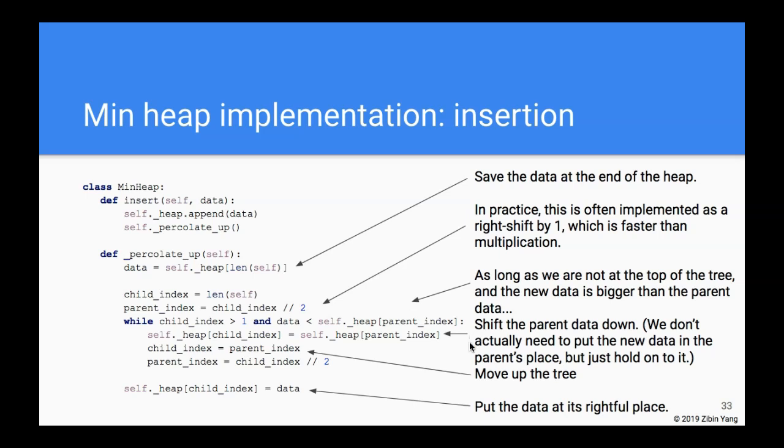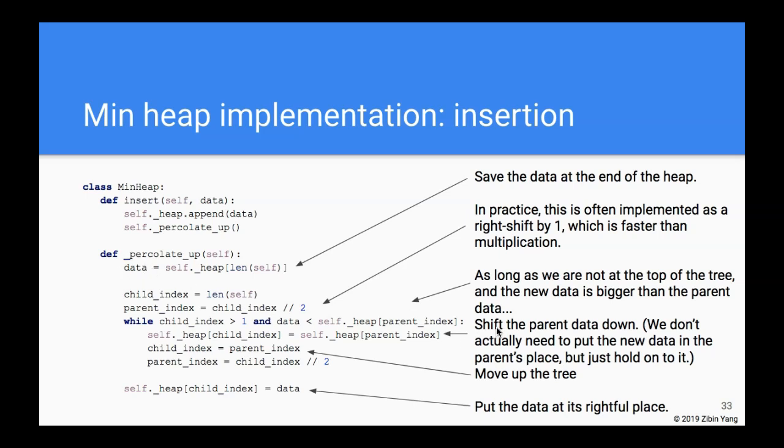So what actually happens in this loop is, the first step, we pull or shift the parent's data down, right? While we did previously say we swap the parent and the child data, we don't actually have to do that in the code, because the child data, the new data that we just inserted, we already saved in a variable data.